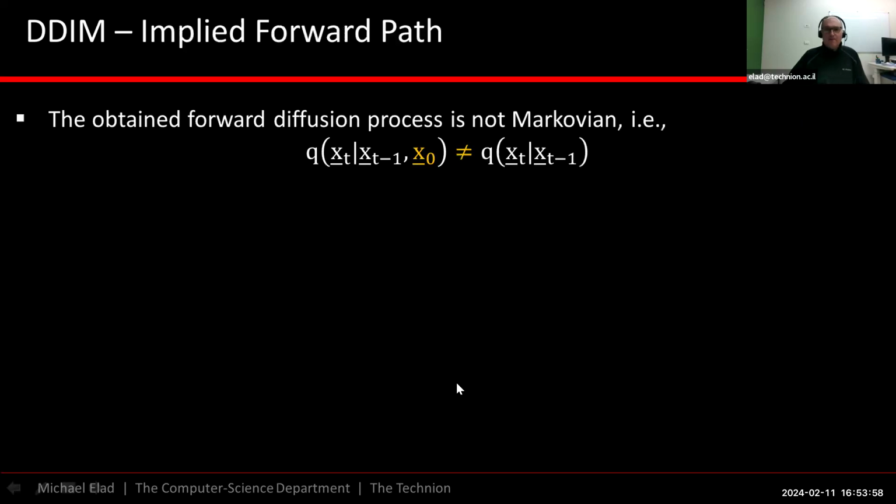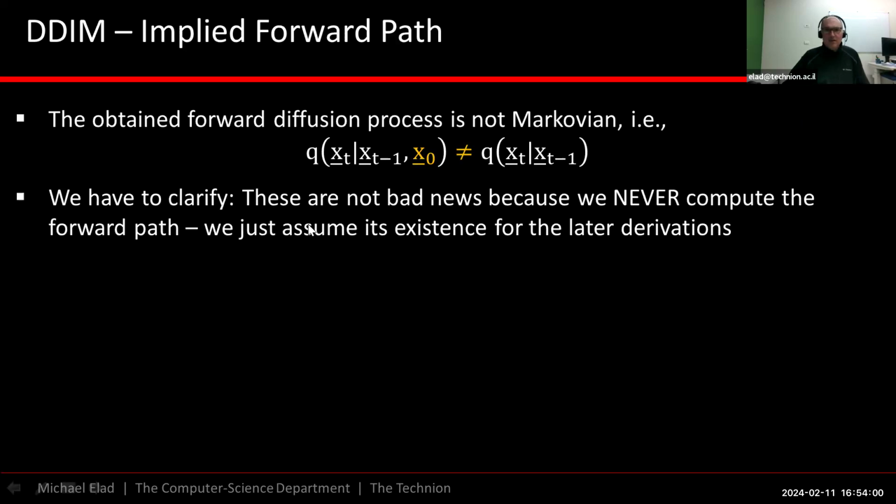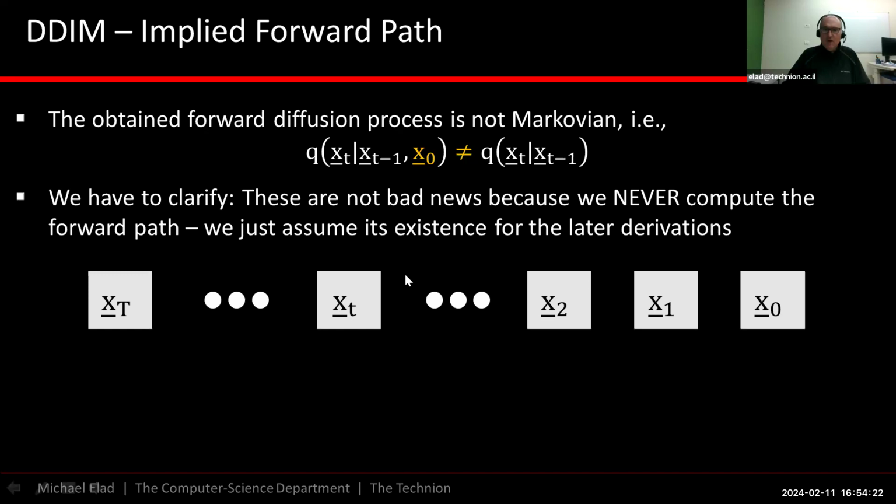So this is something that needs to be clarified here. Again, we don't care really whether it is Markovian or not. It's not going to hurt us in any way. It's just the assumptions that talk about how the forward process is happening. And why? Because then we can give birth to the reverse process, which is the part that is being truly computed.